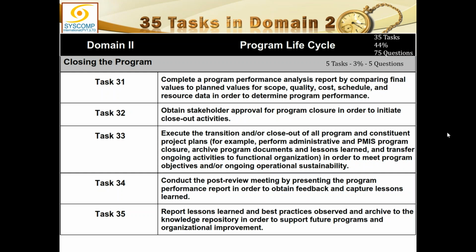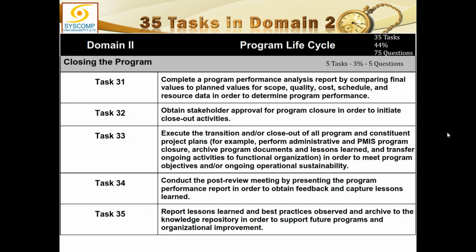Task 34, conduct the post-review meeting by presenting the program performance report in order to obtain feedback and capture lessons learned. So this is our last activity where we just do the post-mortem of whatever we have done. So we review in this meeting and we obtain as much feedback from the stakeholders and others and capture as many lessons as possible for submitting into the organizational process assets, so that future programs can benefit from these lessons.